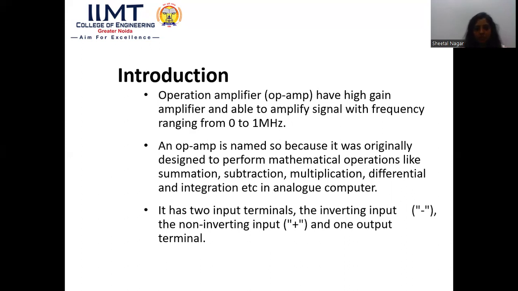It has two input terminals. The first one is the inverting input, which is represented by the minus sign, and the other input terminal is the non-inverting input, which is represented by the plus sign, and one output terminal.